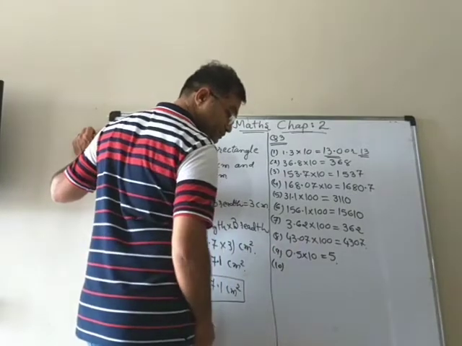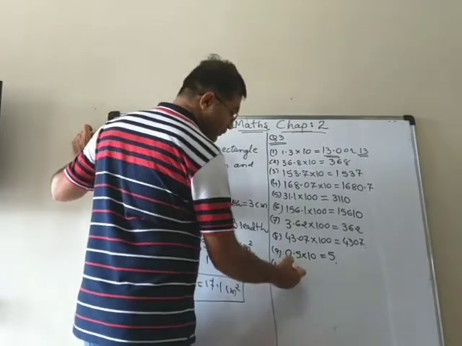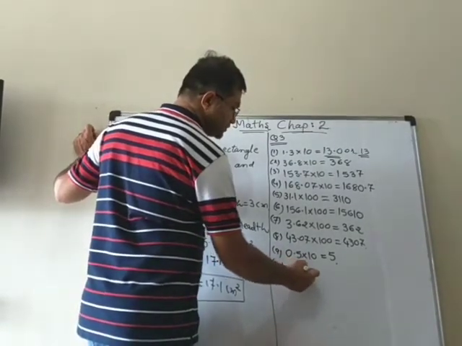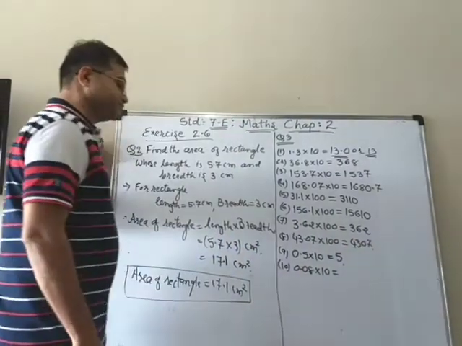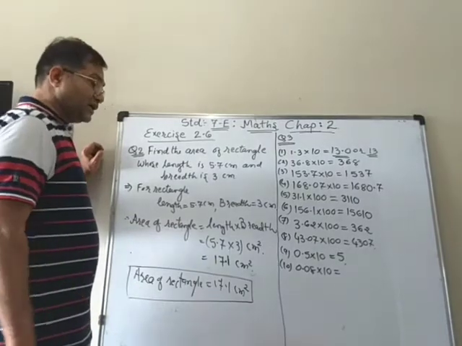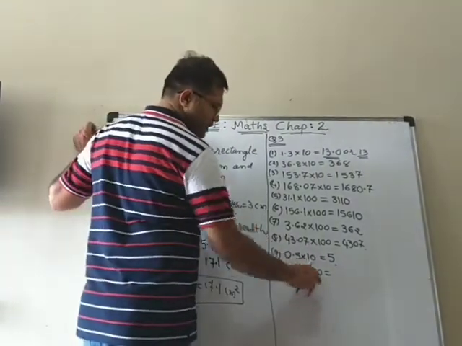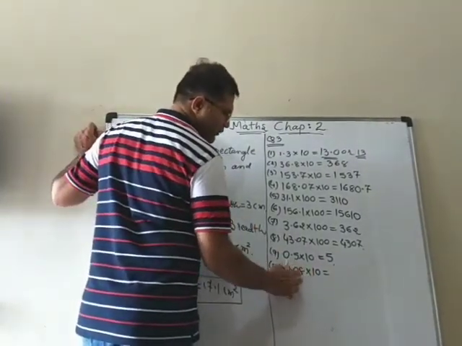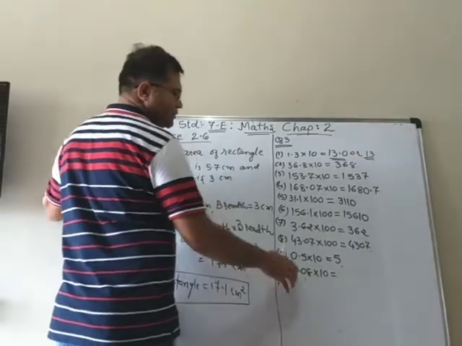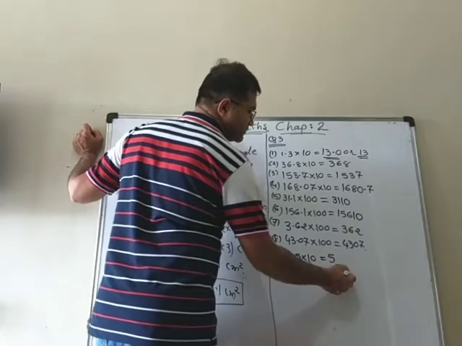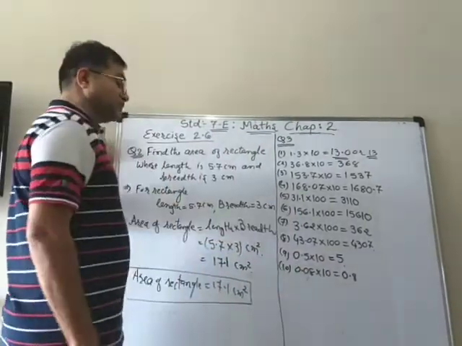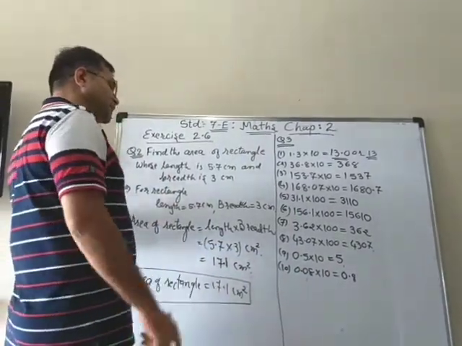Number 10. 0.08 multiplied by 10. So now here 10 means we have to move only one place. So point will be before 8. So answer will be 0.8.